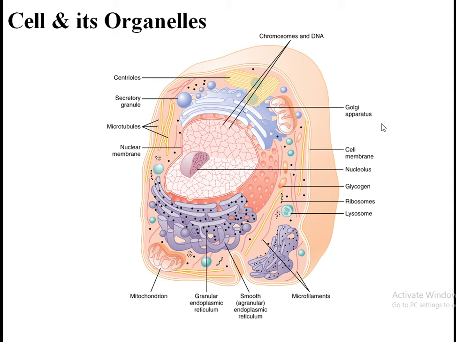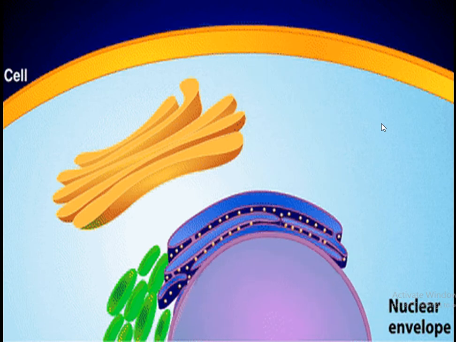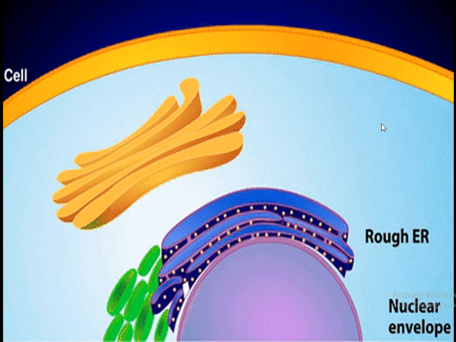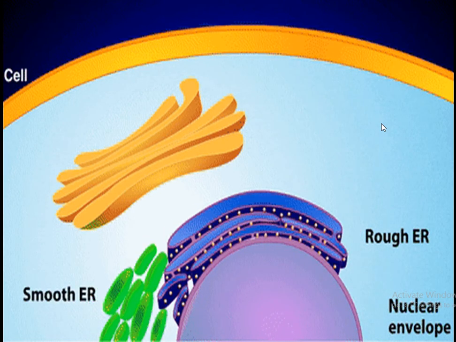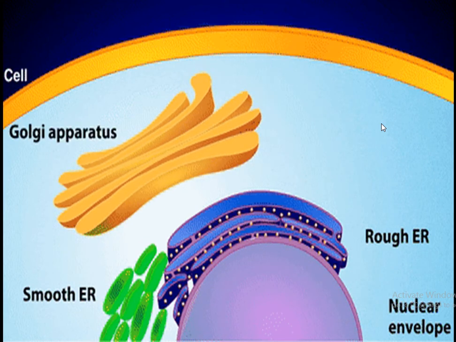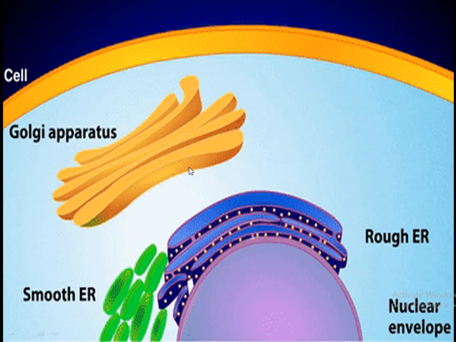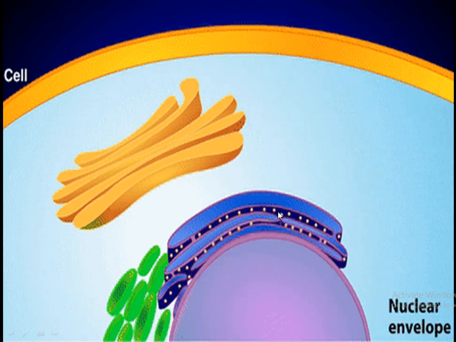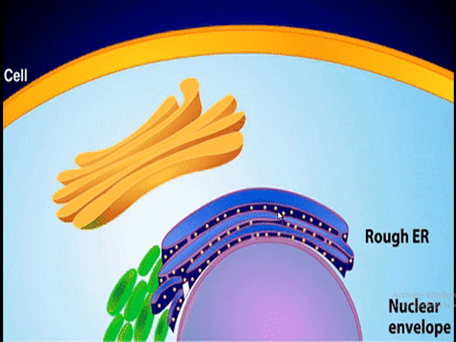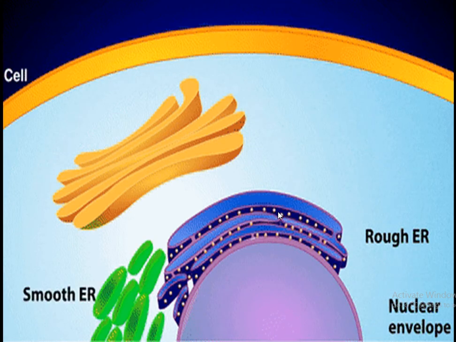As far as the cell organelles are concerned, as we have discussed, in the center we have the nucleus bounded by the nuclear membrane, and around the nucleus we have the rough endoplasmic reticulum on which we have abundant ribosomes, because of which it is called the rough endoplasmic reticulum.